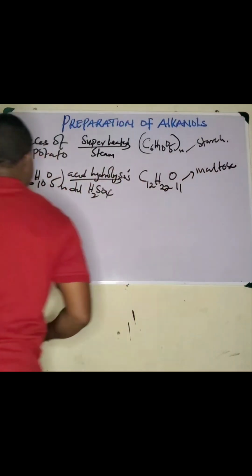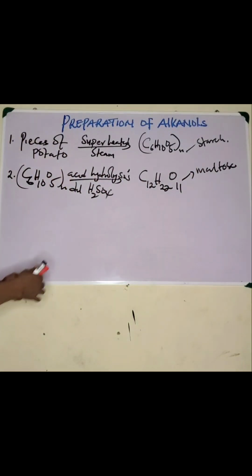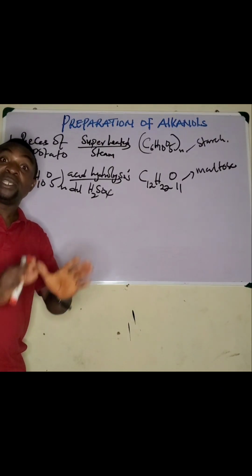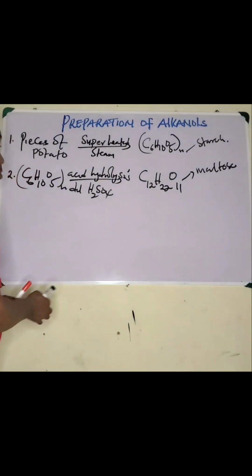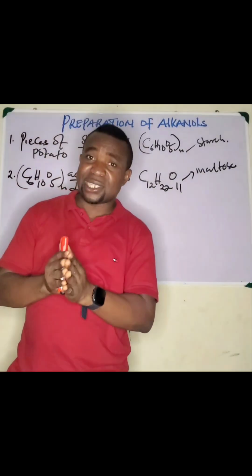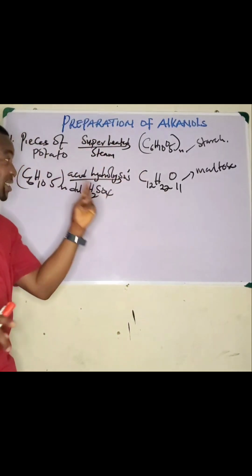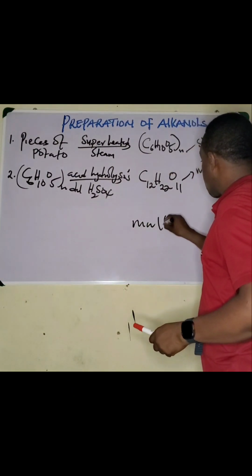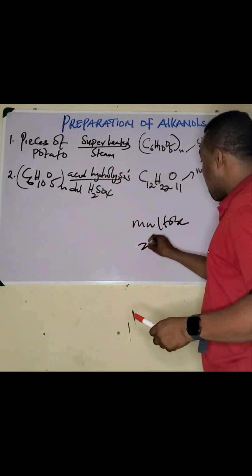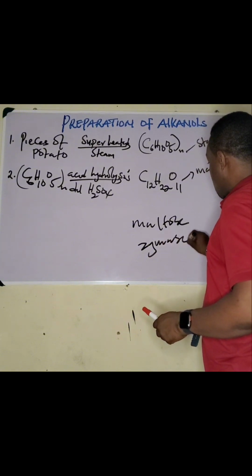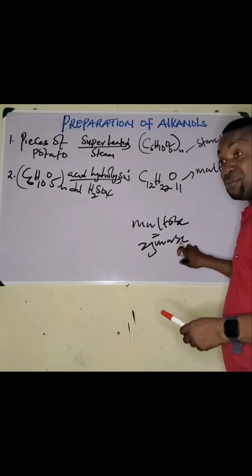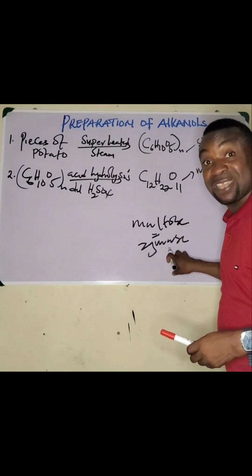What happens in the third stage? In this case, we are going to introduce yeast. Yeast contains two enzymes. The first enzyme is known as maltase, and the second enzyme is known as zymase. The first that will react is maltase, and the second one is zymase, which is the last, alcoholic fermentation.